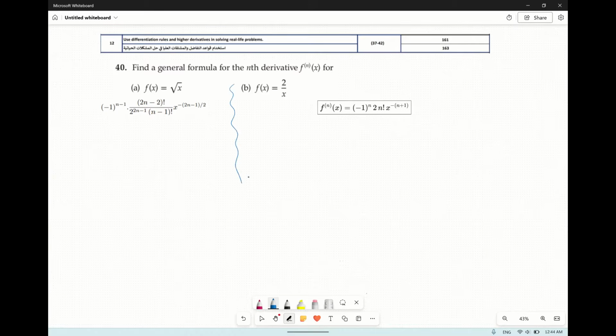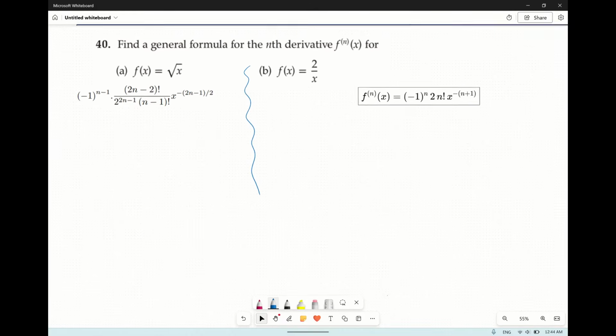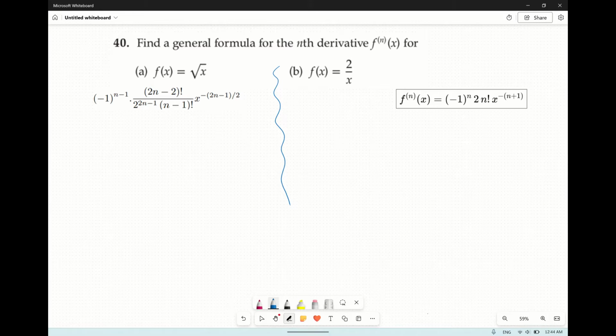So, look here. If I were to start with the first one, which is root x. Now, this equation here gives the nth derivative of this function.